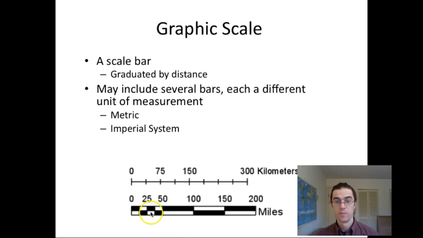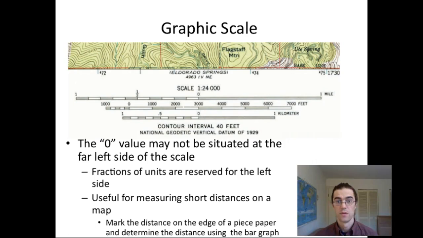And yeah, we'll talk a little bit more later on about the variances that there can be with scale bars. For instance, we get to see it right on this page. The 0 value may not be situated at the far left side of the scale bar. So for instance, here on the USGS cartographic map, we have a scale of 1 to 24,000. And this distance from the 0 here to here is 1 mile.